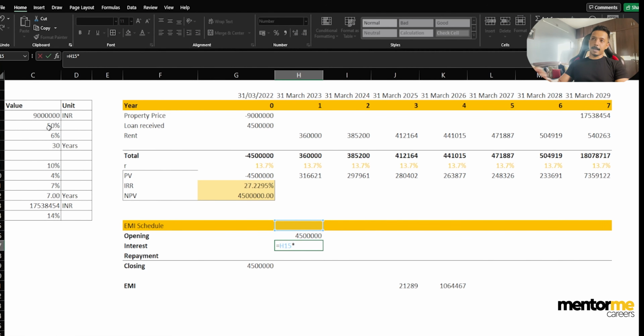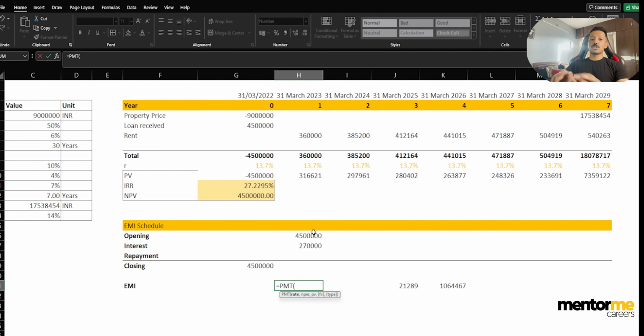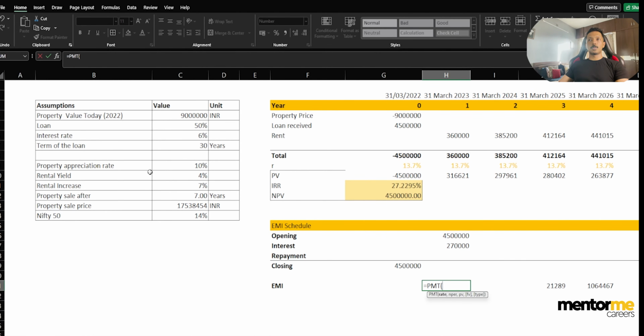Then I multiply that with the interest rate, whichever is available. Here I'm taking it as 6%. And in order to calculate the repayment, we have to use the PMT function to find the equated annual installment. Since we are doing the calculation annually, I am taking all the values as annual, but in reality, this is supposed to be done monthly.